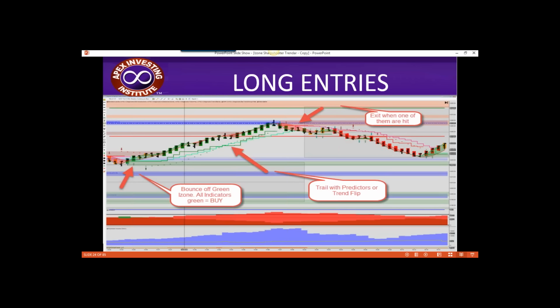What kind of entry are we looking for when the market's getting down to a green zone? Yeah, we're looking to buy. Long. Green means buy. We're not looking for a short trade there, right? The market's heading to a green zone. The only trade we're looking for is to go long.